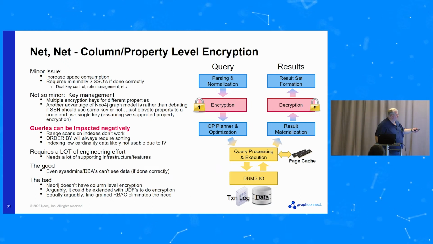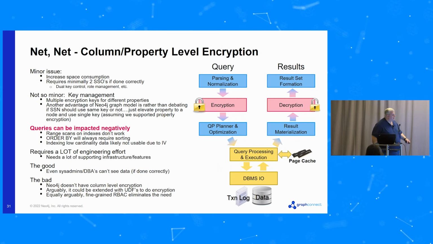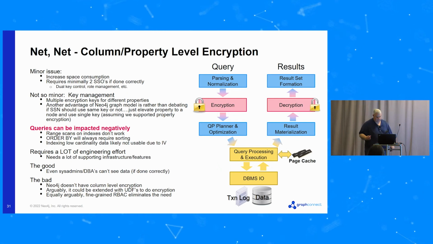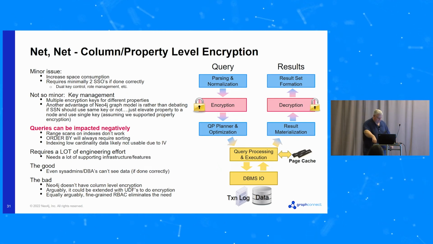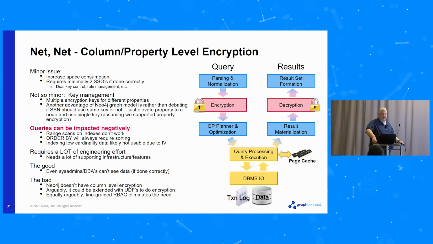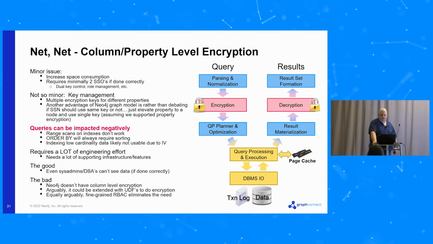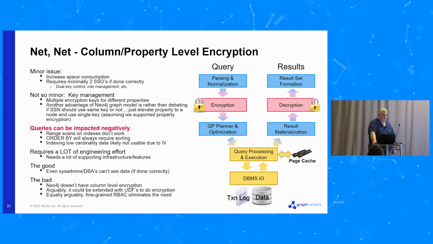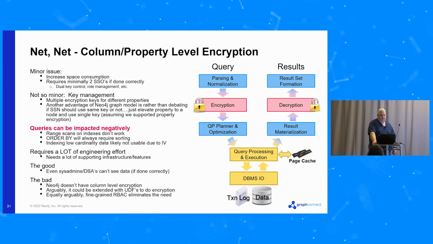This is a big one. Besides the indexing, queries can be very negatively impacted if you start doing property level encryption. Besides the range scan index not working, there's order by. A common optimizer technique, if it sees an order by, is to use the index to short circuit the sorting, and it makes it a lot faster.